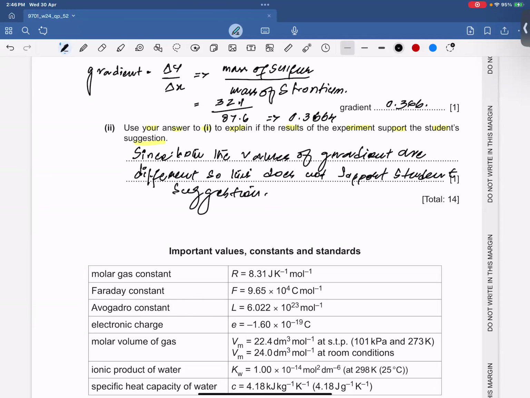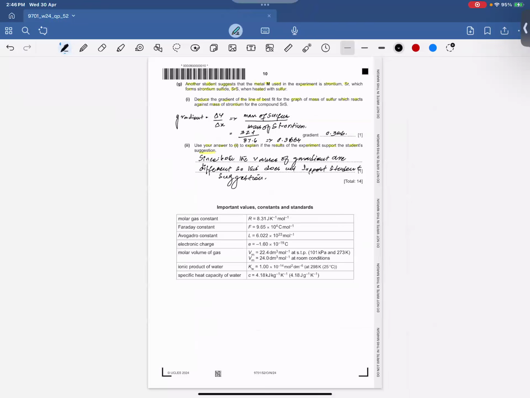Okay. I hope it makes sense to you. That's the end of this paper.